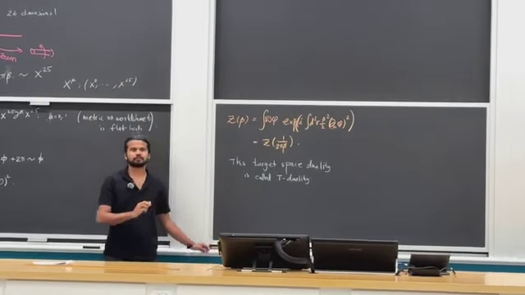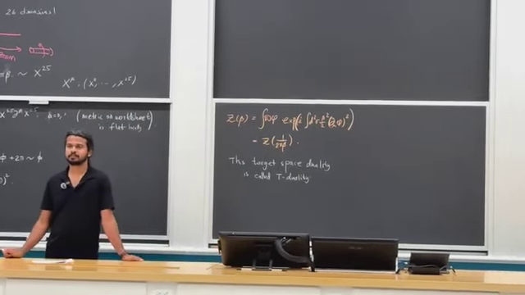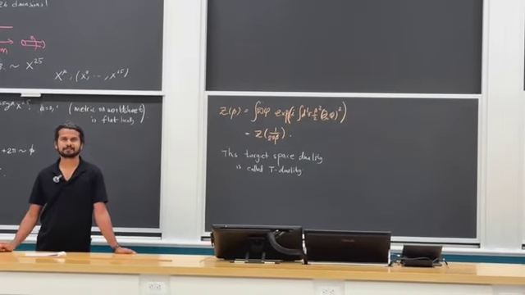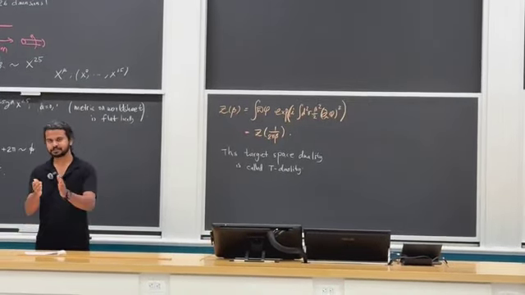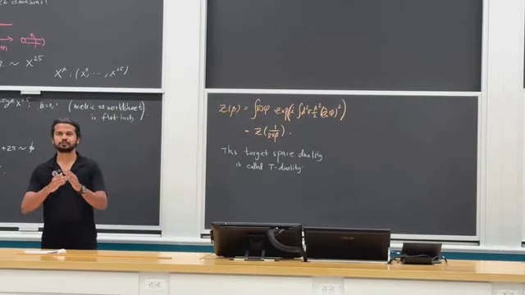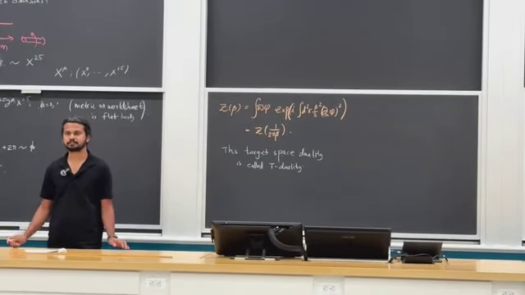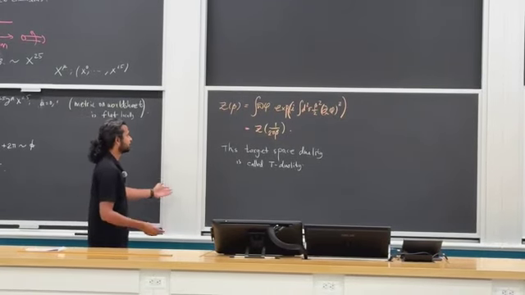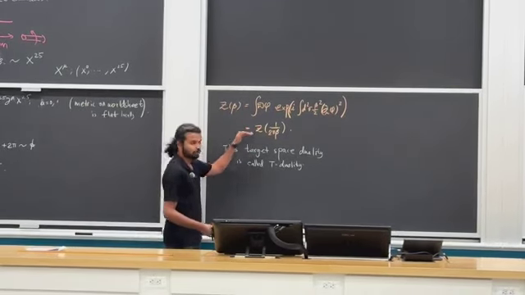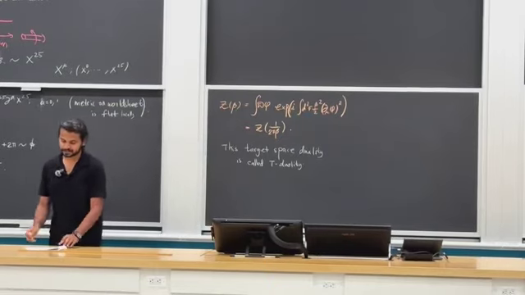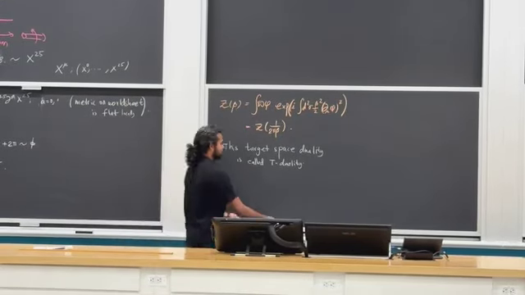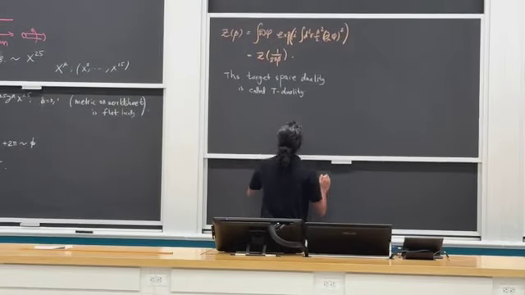Is the statement of the duality clear? The idea is the string gets confused if it's moving in a small circle or a big circle. How it gets confused, we will see. Okay, now let's begin.